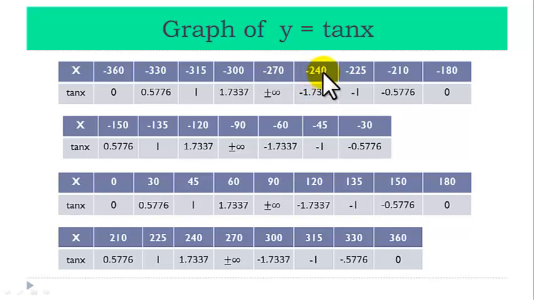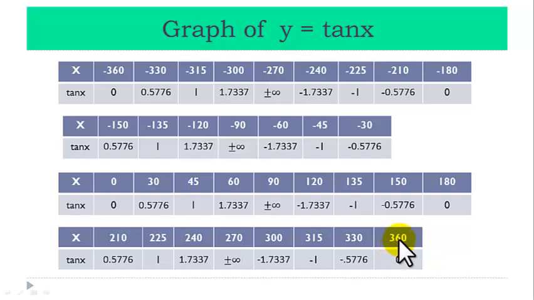Minus 240, tan x is minus 1.7337. Minus 225, tan x is minus 1. Minus 210, tan x is minus 0.5776. Minus 180, tan x is 0. We can continue that way until we get to 360.